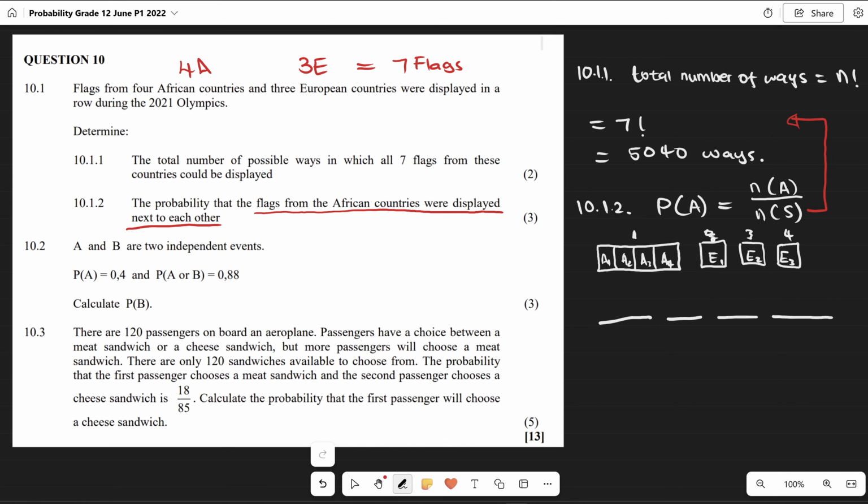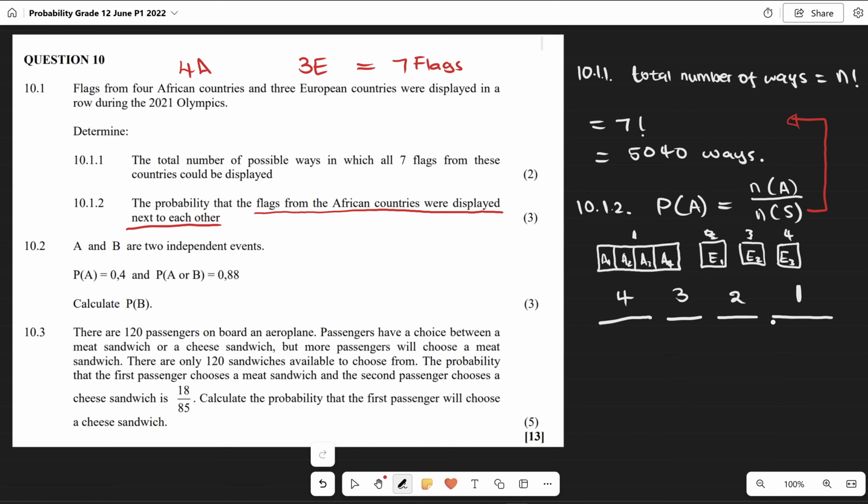In this first space, we can have this item or this item or this item or this, so that is a total of 4 options. And then, because we've used 1 item, we're left with 3 options, then 2 options and 1 option at the end.